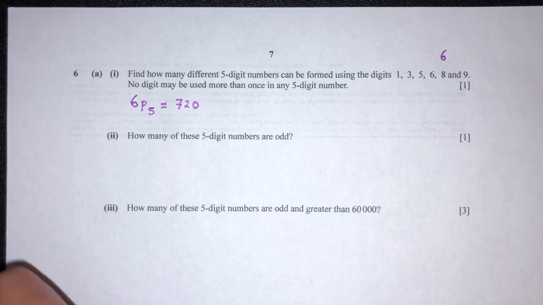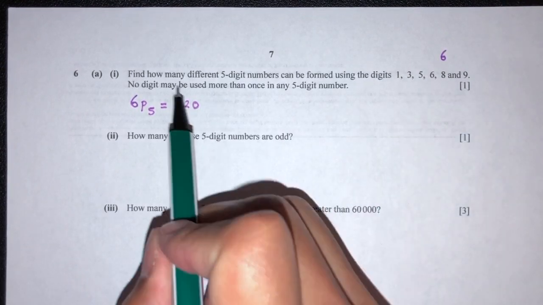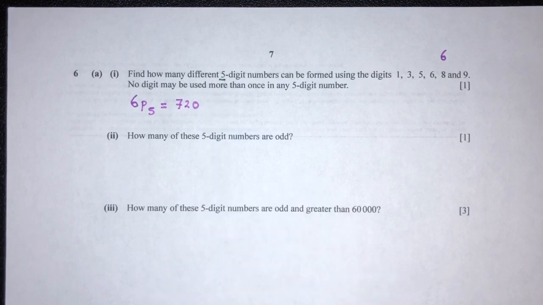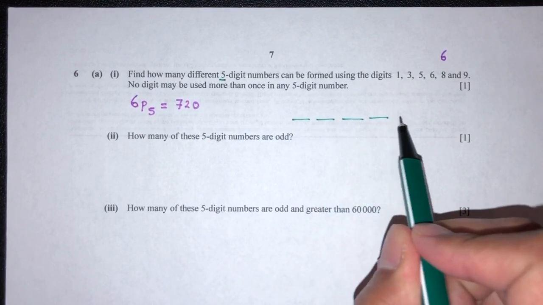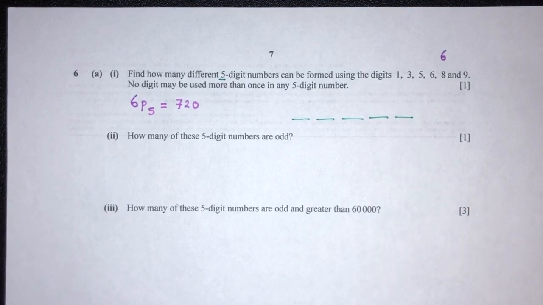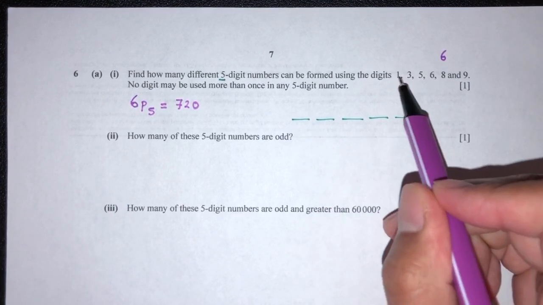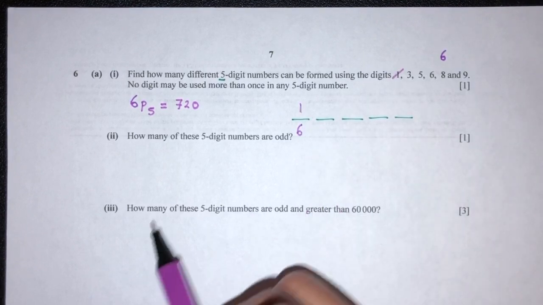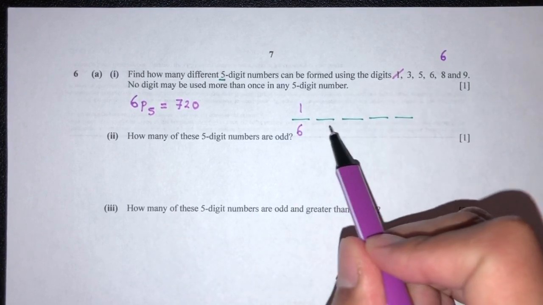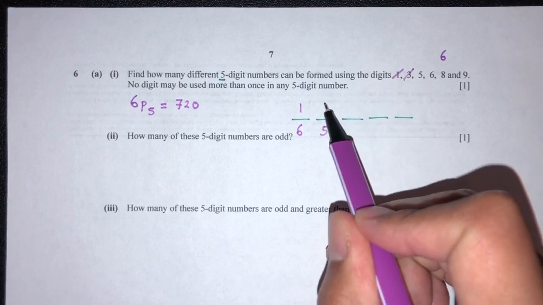Now the other way is very simple as well. As we have seen before, we have 6 numbers. We have to form a 5-digit number. So we have to have 1, 2, 3, 4, 5 spaces. Now, for the first position, I can choose anything. I will have 6 options. Let's say I choose 1. For this one, I will have the remaining 5 options. Let's say I choose 3.